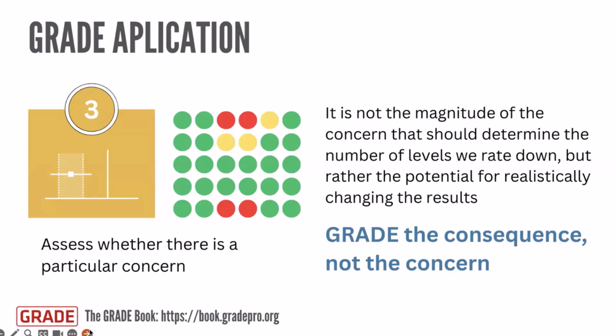So it's not the magnitude of the concern that should determine the number of levels we rate down, but rather the potential for realistically changing the result. So this, I think, is an important shift. We more and more say we need to grade the consequence, not the concern, because the concern is something that is subjective, happens inside your head. But the consequence is something that you can actually see on the forest plot.